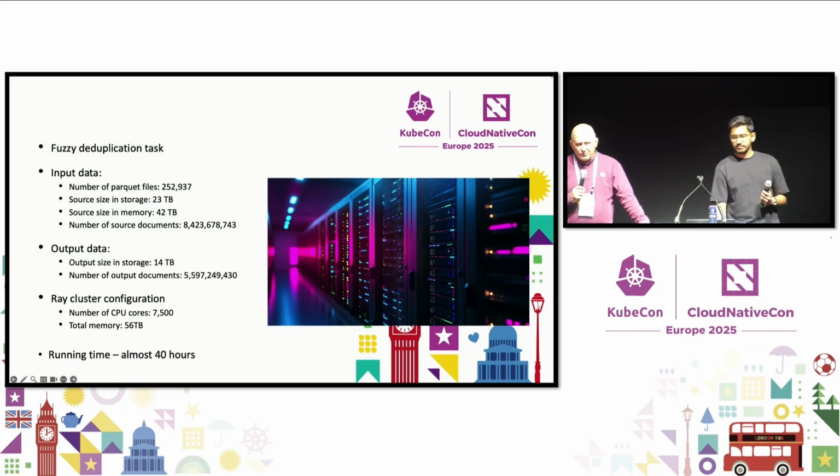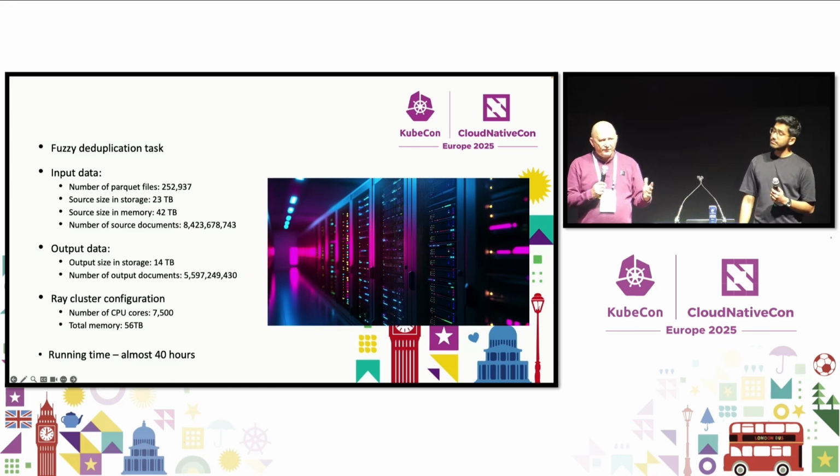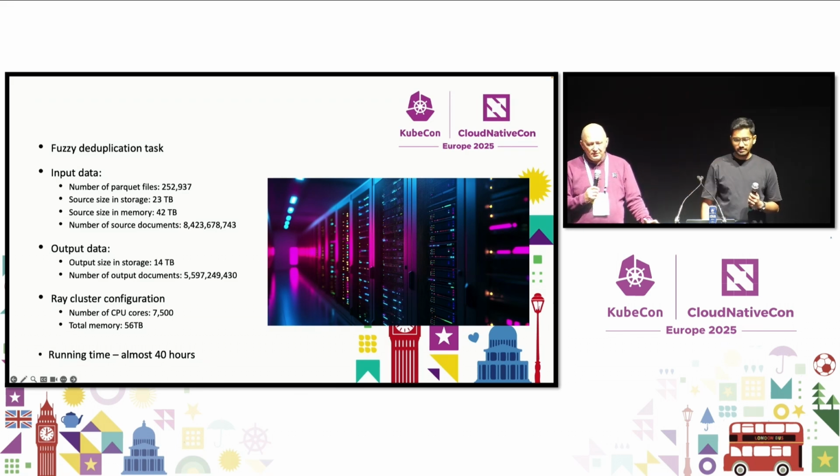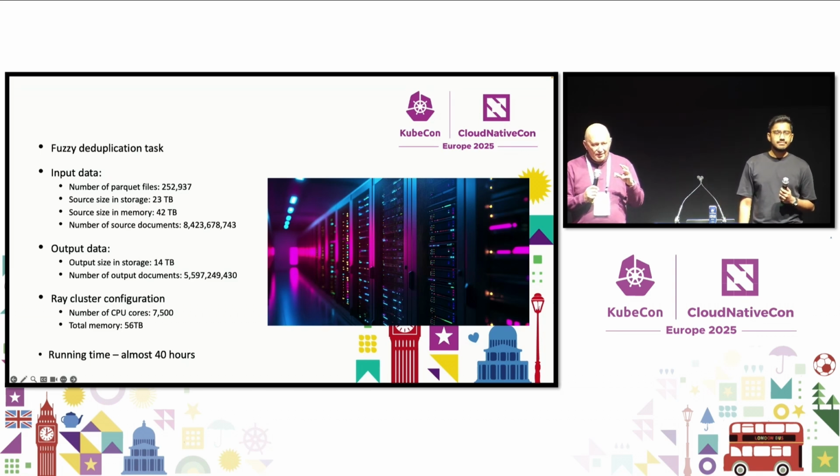The task reduced the documents and storage by something like 35 to 40%. But the most interesting part here is the Ray cluster configuration. It included 7,500 CPU cores and 56 terabytes of RAM. And the task took almost 40 hours.